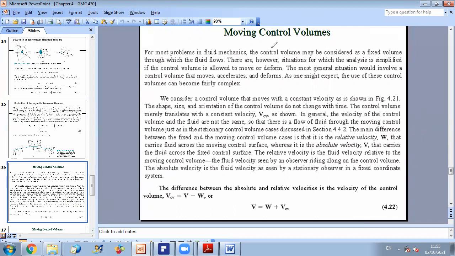The control volume is fixed and the control system is moving. We have mass that is coming in and getting out of the control volume. But what if both are moving, the system and the control volume? What can we do to take this into account?